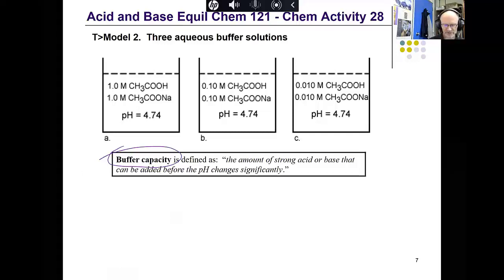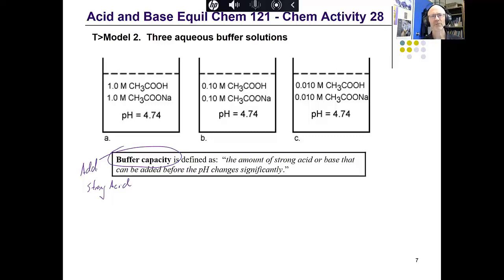What I'd like you to be considering here is strong acid. So let's say we add some strong acid. Now that could be in the form of hydrochloric acid, nitric acid, perchloric acid. But of course, when you add strong acid, essentially what you're doing is you're adding hydronium ion. So as I say, a buffer doesn't resist a change in pH by magic.